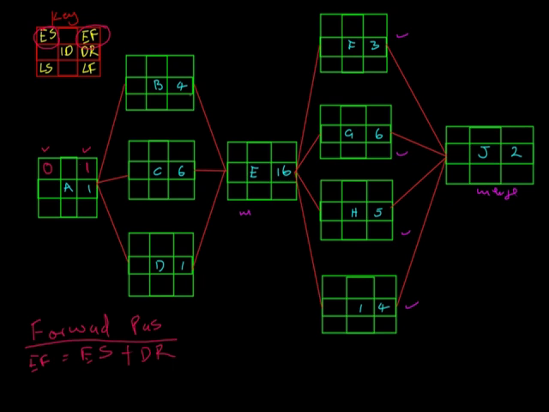Now there's another rule that applies from here onwards. You notice that there are certain rules that apply only to the first activity and to the last activity. We've got rules for those particular boxes. Now we want to look at the rule that applies to every other box as we go. We still need to calculate the early start and the early finish.